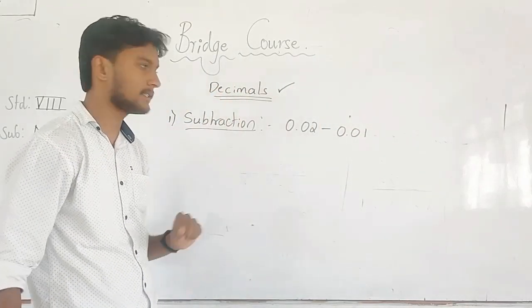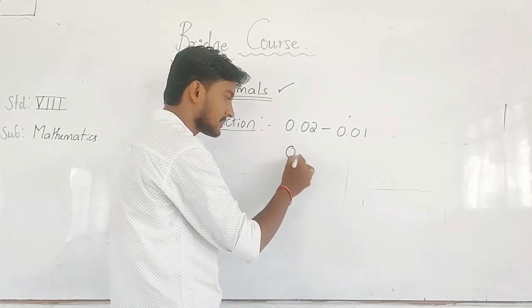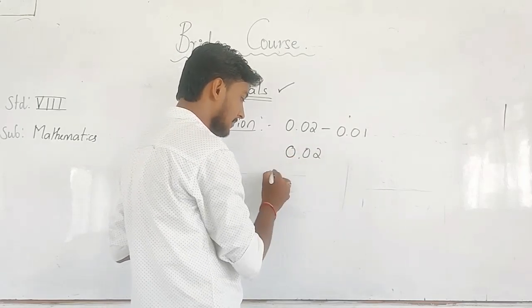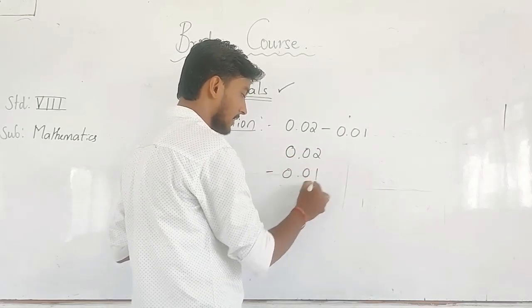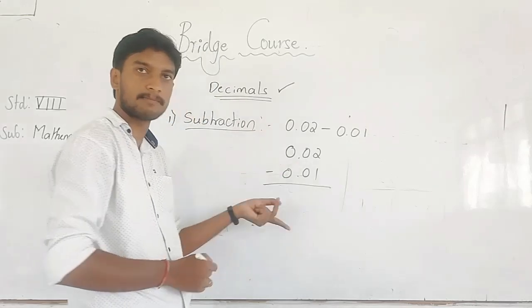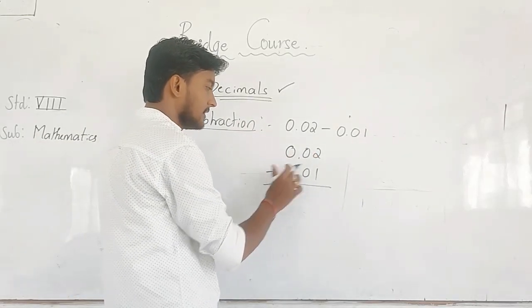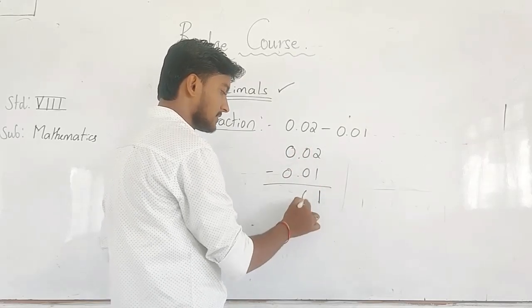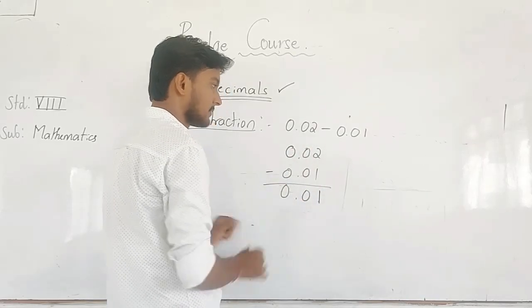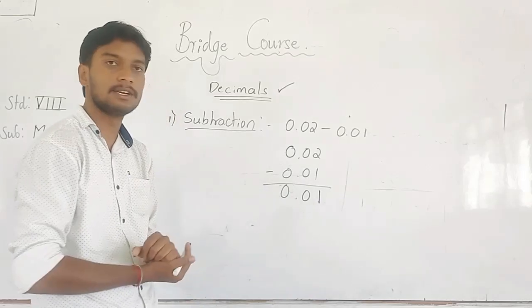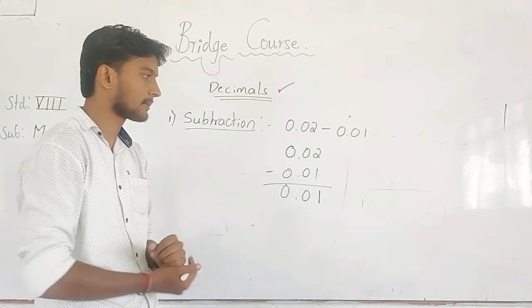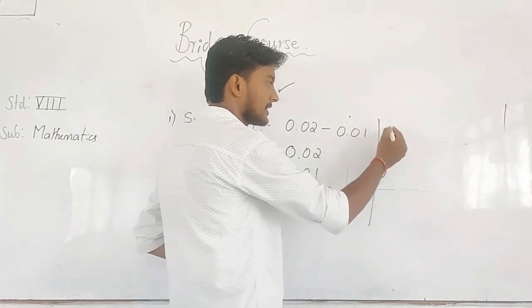There are two decimals. To subtract these, write 0.02 as it is, minus 0.01. Again follow the same rule: below the decimal point you write a decimal point. Here 2 minus 1 is 1, 0 minus 0 is 0, and the point stays. If you subtract these two, you get 0.01.